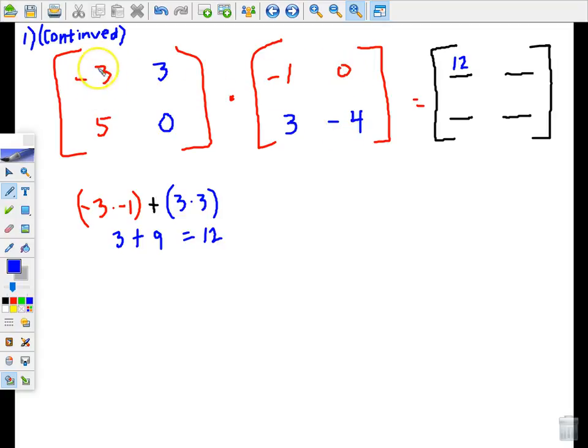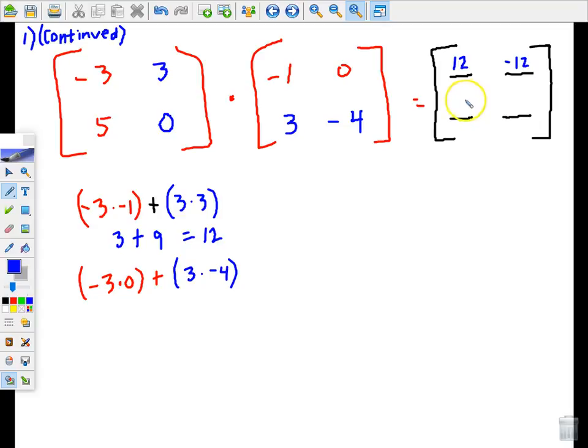The first number times the first number, so that's -3 times 0. Plus, now do the second times the second, and that's 3 times -4. Okay, 0 plus -12 is of course -12.